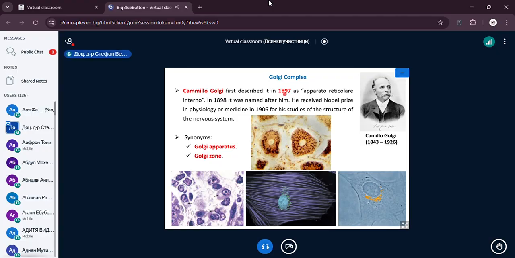Camillo Golgi was studying the structure and functions of the nervous system, specifically the brain. And he introduced a unique staining technique to demonstrate the neurons in the brain, in the nerve tissue.